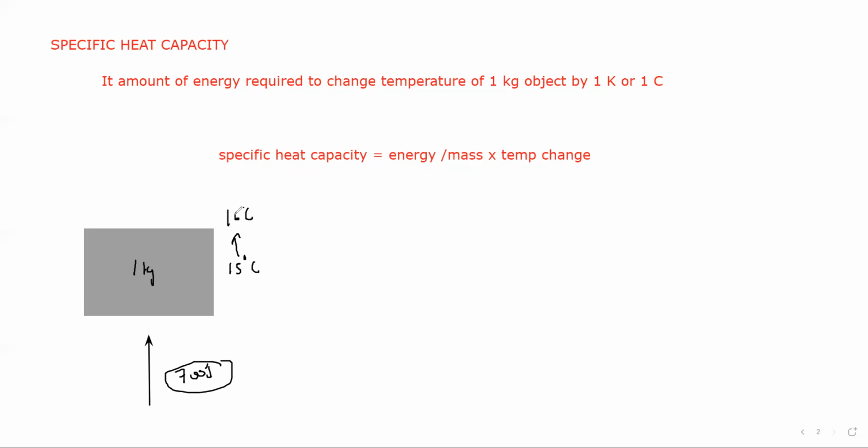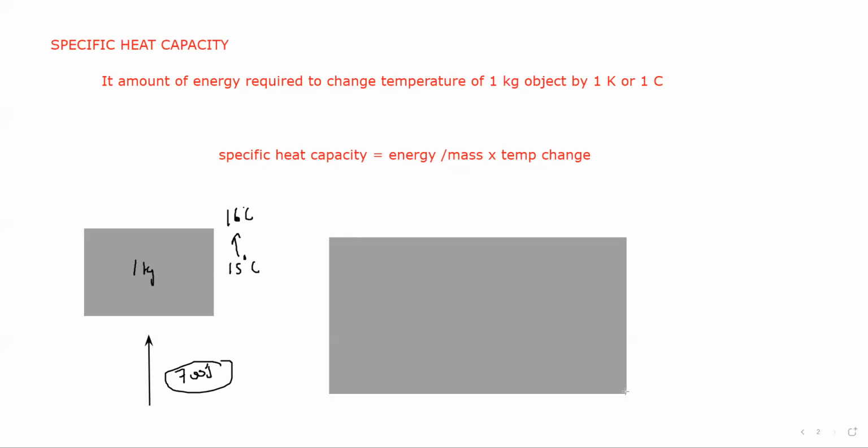But if we don't have a 1 kilogram object, for example, we have a 5 kilogram object and we are supplying 2000 joules of energy so that its temperature changes from 20 degrees centigrade to 22.